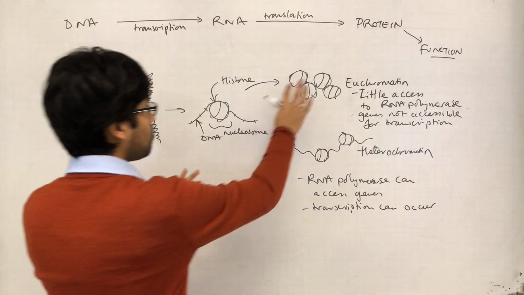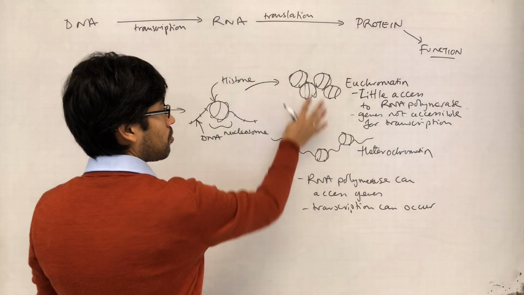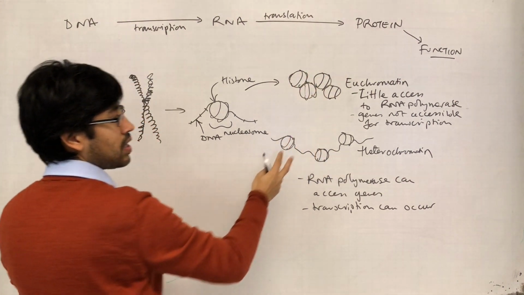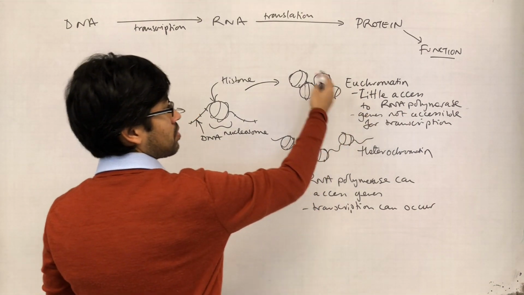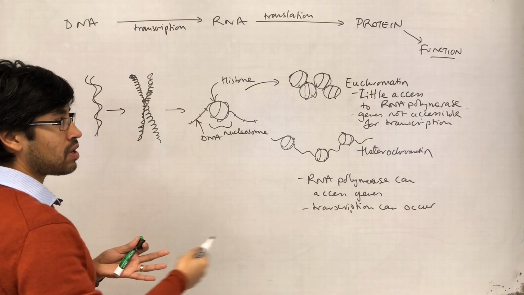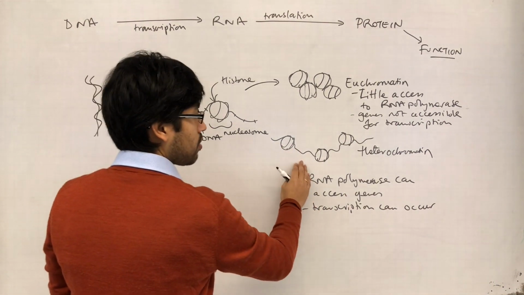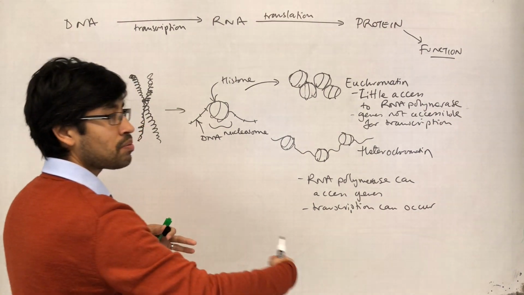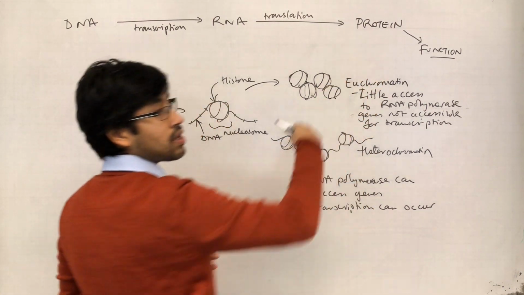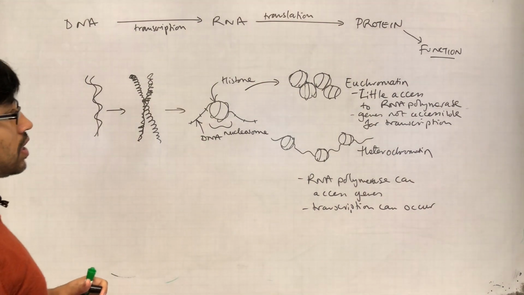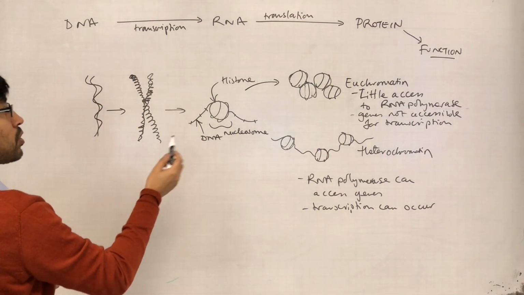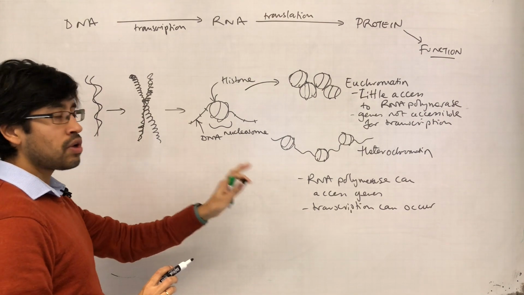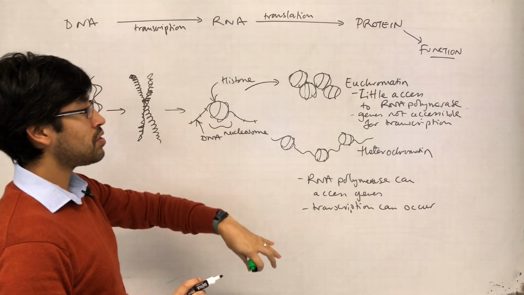All right, so that's the key point here: you can have these two forms of DNA, one in which gene expression is restricted because RNA polymerase can't access the DNA in order to bind it and transcribe the gene, and another form where genes are accessible, RNA polymerase can bind to those genes and transcribe them, and therefore we can get protein production. It so happens that there are certain modifications that you can make to specific genes to make them in this form, whereas other genes you can keep in this form.